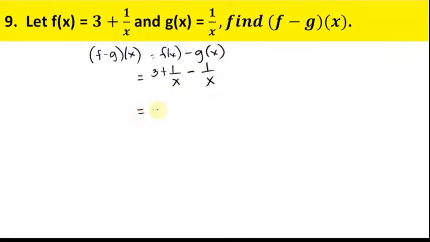So we need to find the LCD, so that is x. So understood na may 1 ito, so x divide 1, so that is x times 3, times the numerator rather, so that is 3x plus x divide x, that is 1, times 1, so that is 1. Subtract x divide x, that is 1, times 1, that is 1.